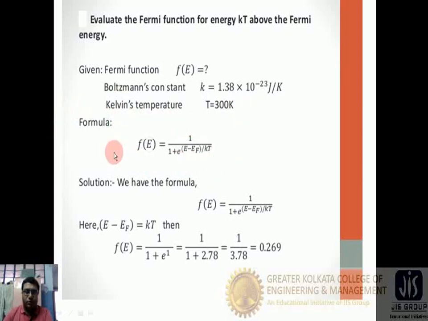So we just put in the values, we solve, we have the formula, and we put in the values, and in this way you can see we get the functional value. It is the desired answer of this problem.